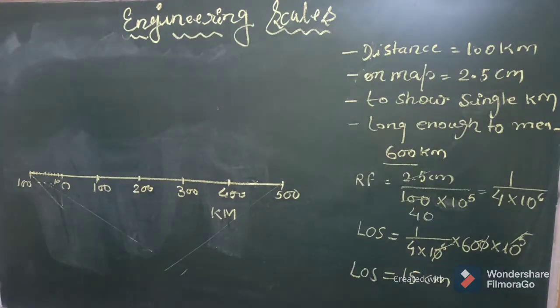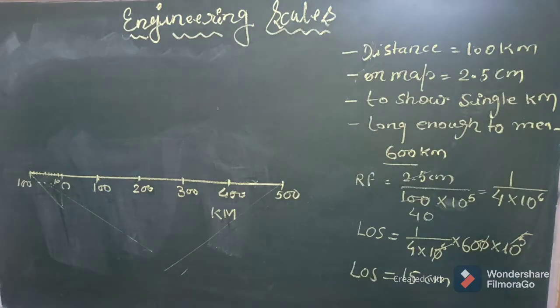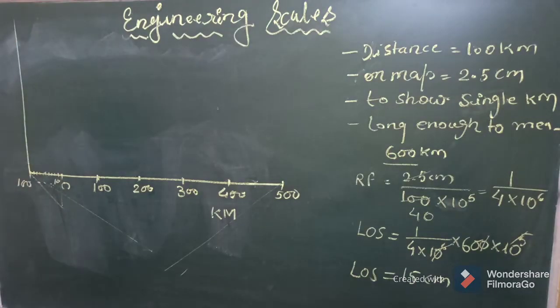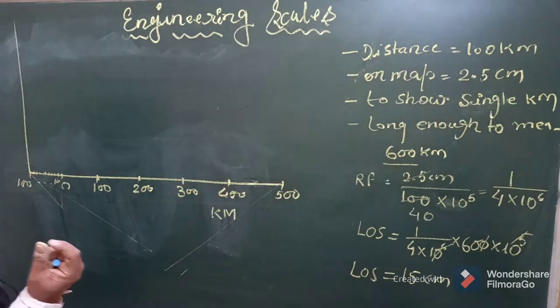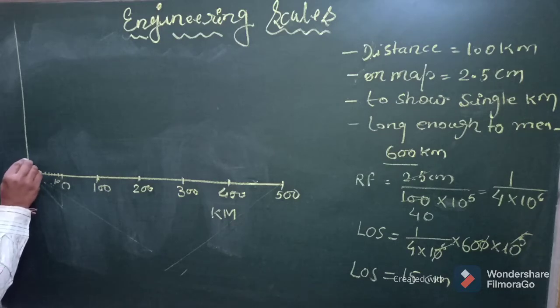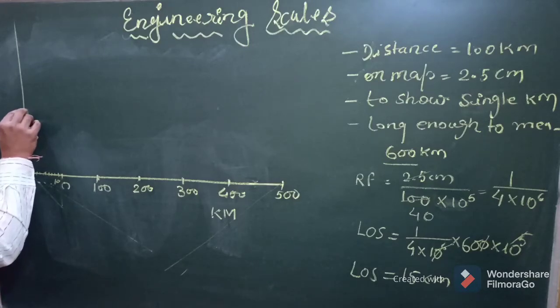Now to get single kilometers, we have to divide this small division into 10 equal parts, which is very difficult. So what to do? Just draw a perpendicular line on this point, of any length arbitrarily. Take a suitable length on the divider or compass of any radius and cut 10 parts here. 1, 2, 3, 4, 5, 6, 7, 8, 9 and 10 here.